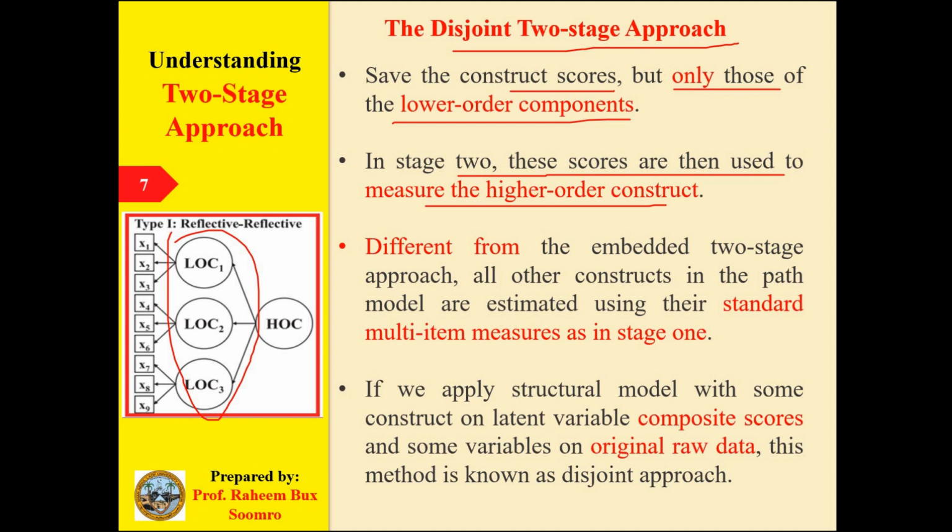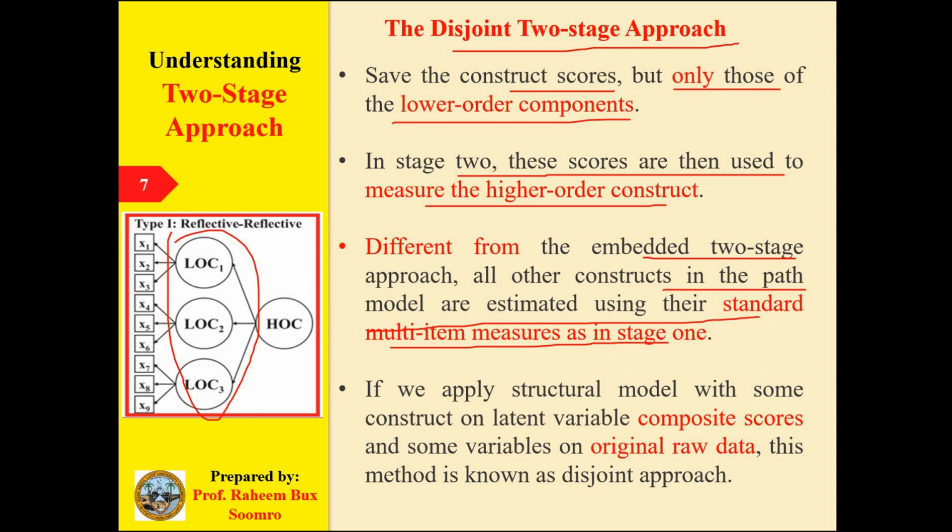Now the difference between the disjoint approach and the embedded approach. In the embedded approach, all the constructs in the path model are estimated using the standard multi-item measure in one stage.